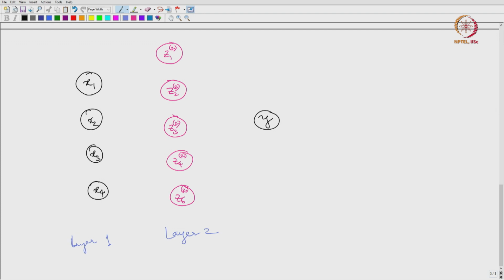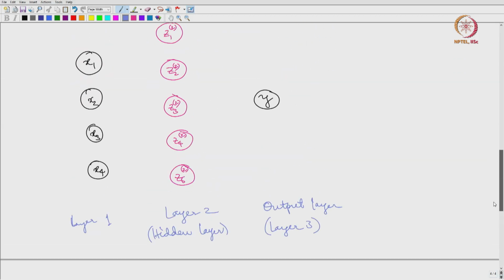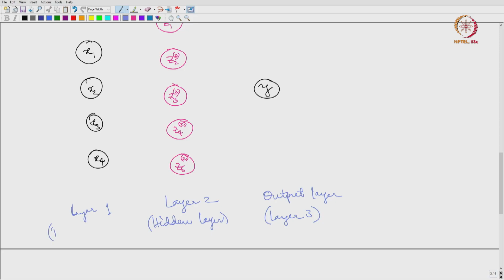So the target variable is just y, and you can write down that this is basically the output layer, which is layer 3 here, and this is the hidden layer, and finally this was the input layer.